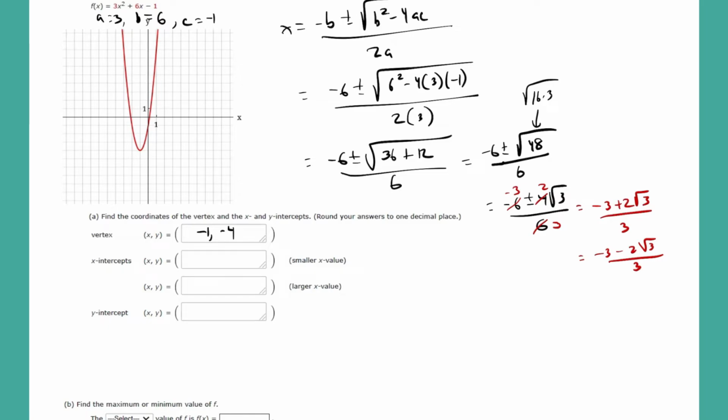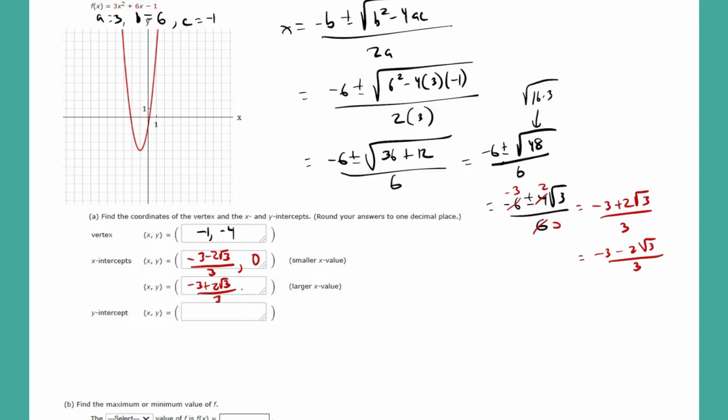We want to place those. The smaller one would be the one with the minus, and the larger one would be the one with the plus. So the smaller one goes here: negative 3 minus 2 radical 3 over 3, comma 0.